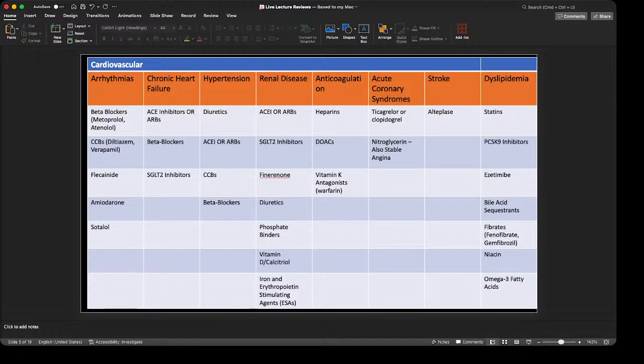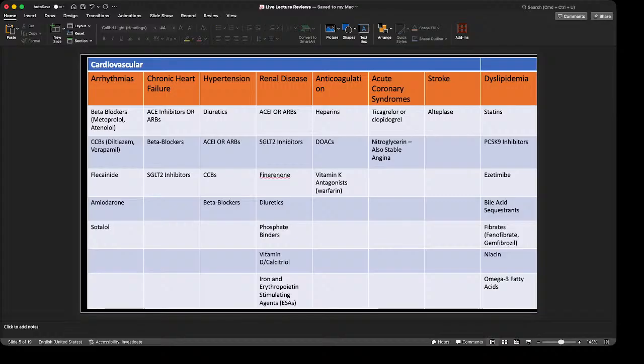Then you have arrhythmias: beta blockers, calcium channel blockers, flecainide, amiodarone, sotalol, diltiazem, verapamil. Now, when we talk about those two medications, diltiazem and verapamil, those are non-dihydropyridine calcium channel blockers.